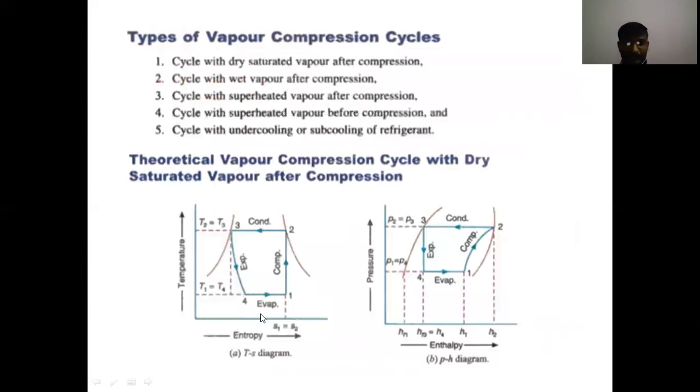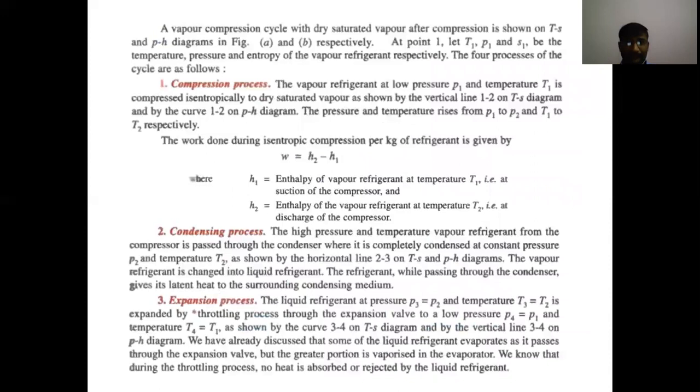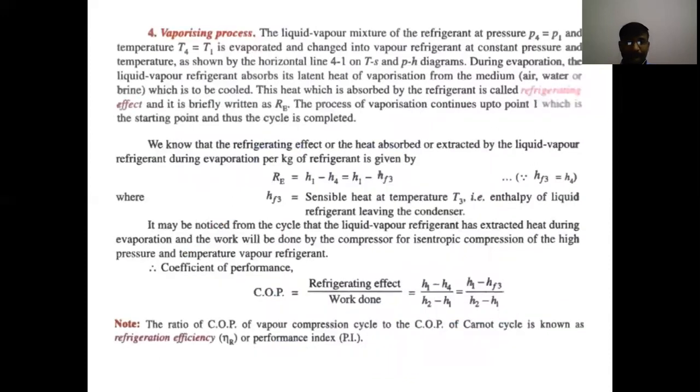H1 minus H4 is the amount of heat absorbed by the refrigerant per kg. H4 can also be written as hf3, because H4 equals H3, and H3 is also written as hf3, where hf3 is the sensible heat at temperature T3, that is the enthalpy of liquid refrigerant leaving the condenser.